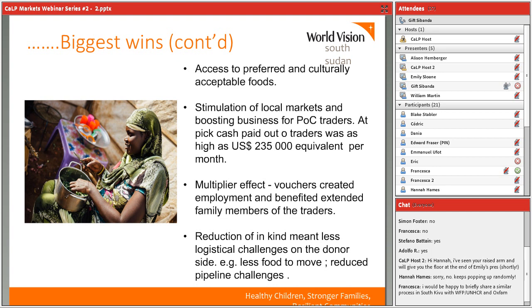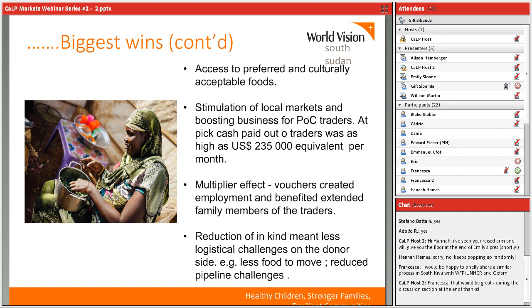So the market was stimulated, and obviously cash comes with a multiplier effect. Vouchers created employment and benefited extended family members of the traders. So the traders were able to pay for other needs that they ordinarily would not have, because of the multiplier effect of the introduction of cash.